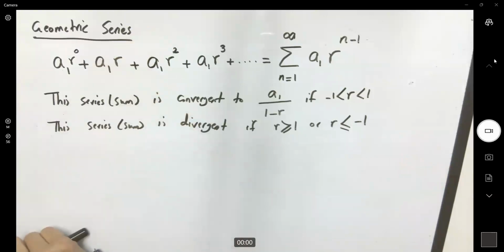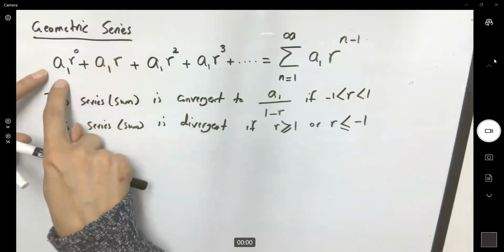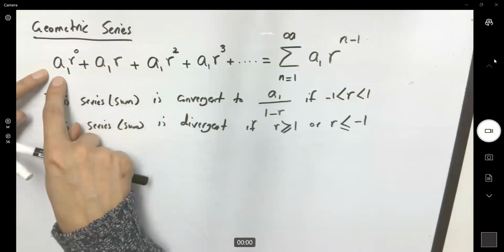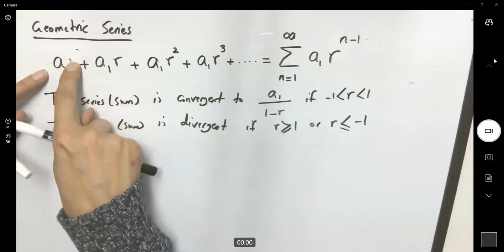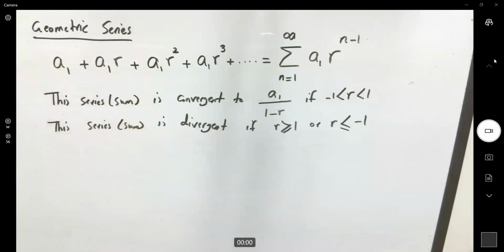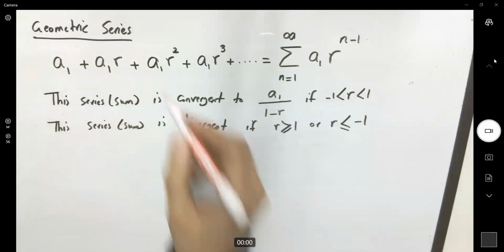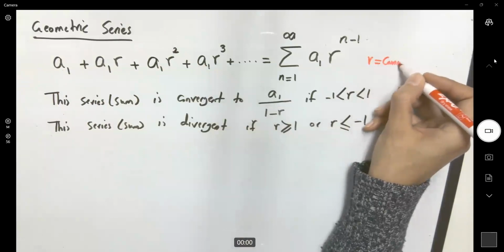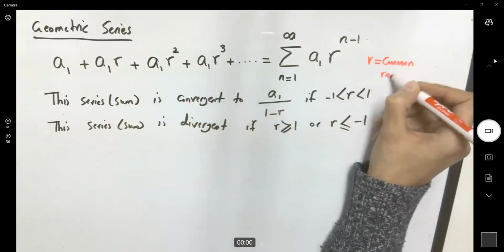When we have a geometric series, we define the terms of the geometric series this way: a1 plus a1 times r. Remember that r is called the common ratio.